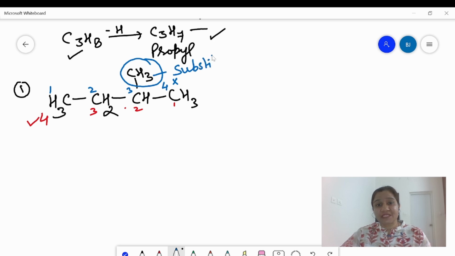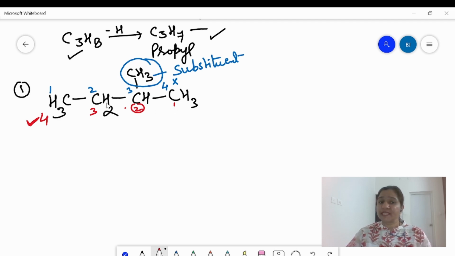So we will start our counting from that end from where the substituent gets the least possible number. When I count this way, the red line, you can see we get the substituent at the second position, but if we follow the blue color, we get it at the third position. So we will go for the least possible number. We will go for the red numbering. Okay, so this is the numbering.